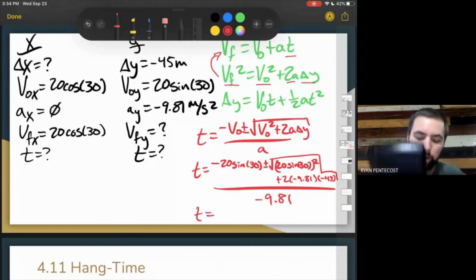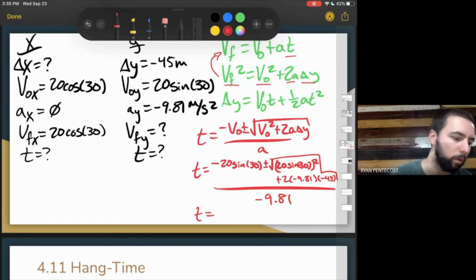We've got negative 20 sine 30. We'll start with plus. Then we've got 20 sine 30 squared plus 2 times 9.81 times 45 divided by negative 9.81. Let me see if I put that in right. That looks good. All right, that gave me a negative time. So let's try minus the square root. That gives me 4.22.